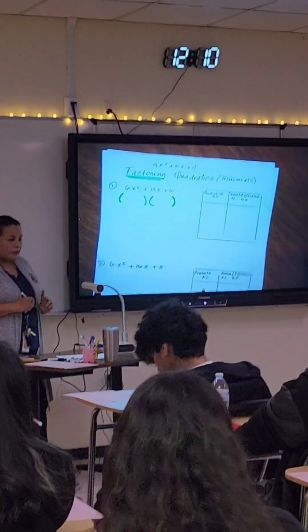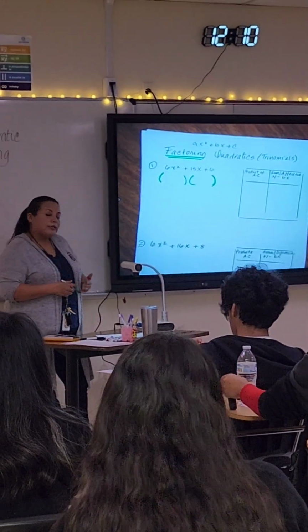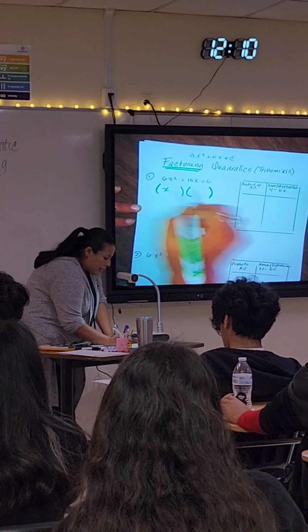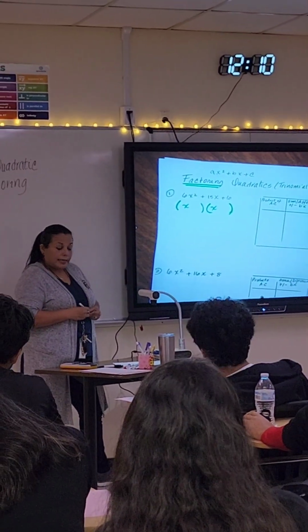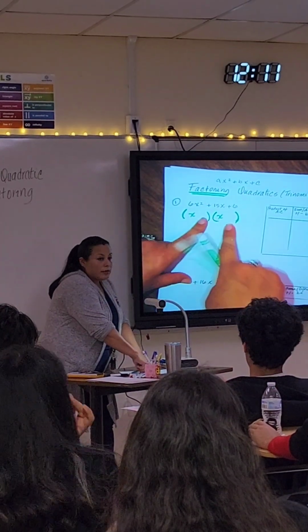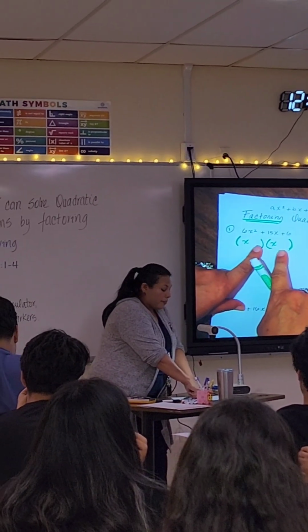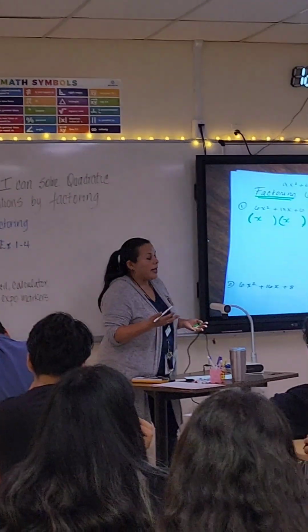Okay? That's the first thing. I also know that when I'm factoring, I always end with an x in here and an x in here. Then I need to find these 2 numbers. How do I find these 2 numbers? We said before that we have to find the product of A and C. What are they talking about, AC?